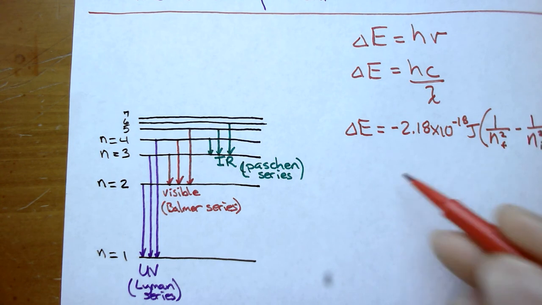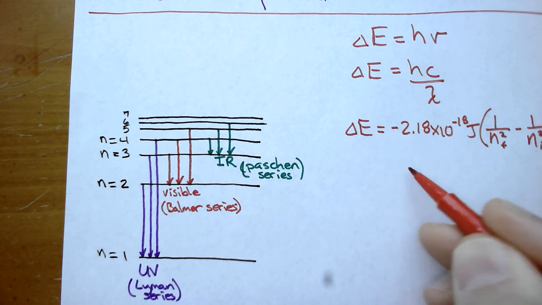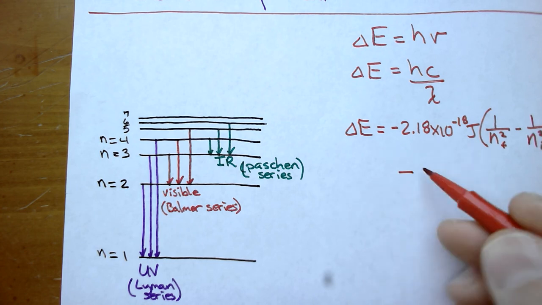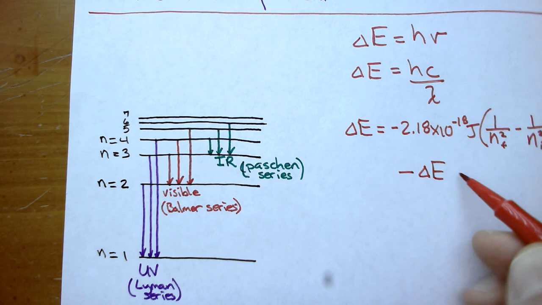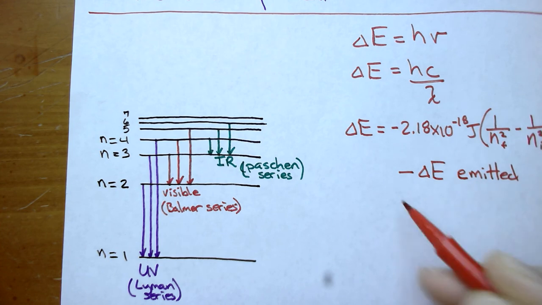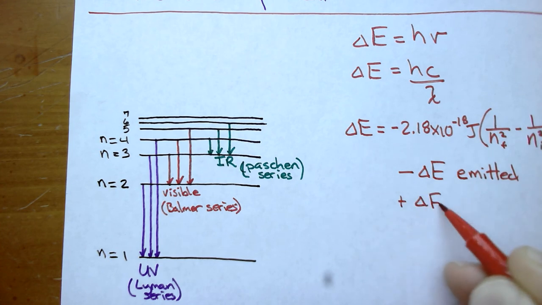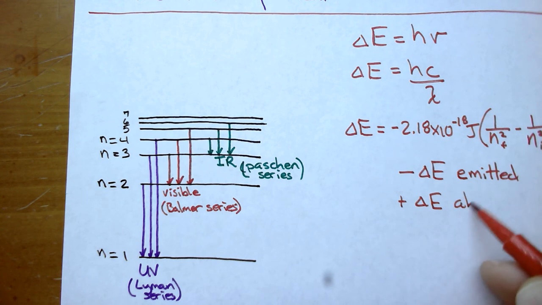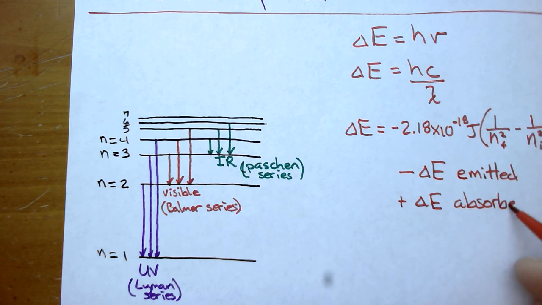And just to remind you, if you get a negative delta E, that means it's emitted energy, and if it's a positive delta E, it is absorbed energy.